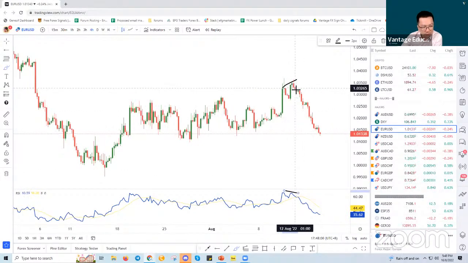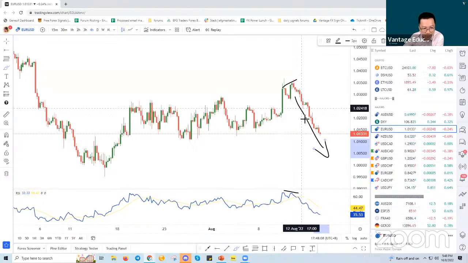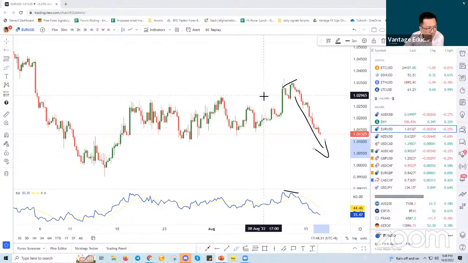Just checking the lines. Yep. You can see that pushing up and that pushing down. That's why we see price trading lower. So you can see that on the H4 time frame, divergences are not particularly hard to find. Hope it makes sense to you.